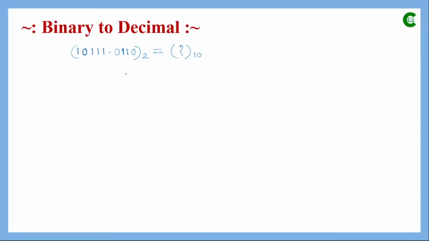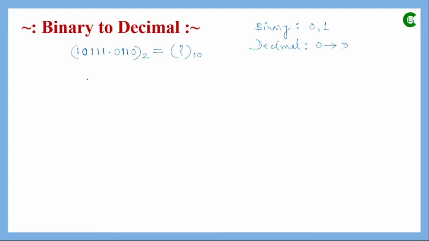First, we will convert a number which is given in binary number system to its equivalent decimal number system. Now we know in binary number system we have only two possible digits and they are 0 and 1. Similarly, in case of decimal number system, we have 10 digits from 0 to 9.